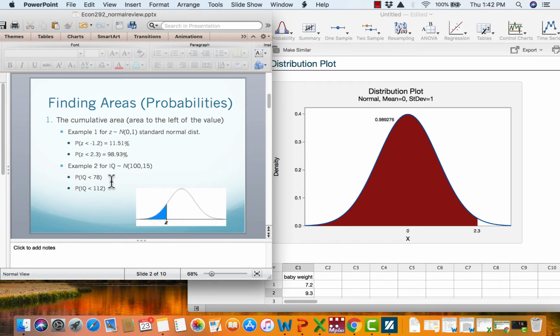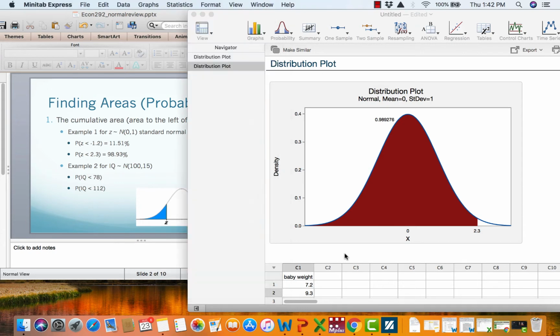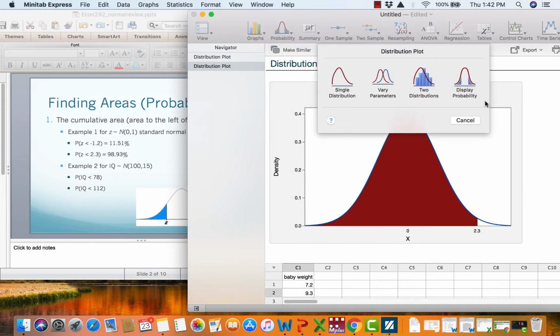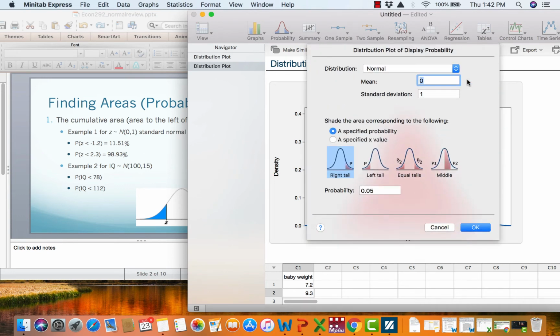All right, and for our first problem here, we want to find the probability that IQ is less than 78. All right, so we want to go into probability, distribution plot, display probability. All right, and now we're no longer working with the standard normal. We have a new mean and standard deviation. So we need to put in 100 as our mean and 15 as our standard deviation. We are given an IQ value of 78, so we say a specified X value.